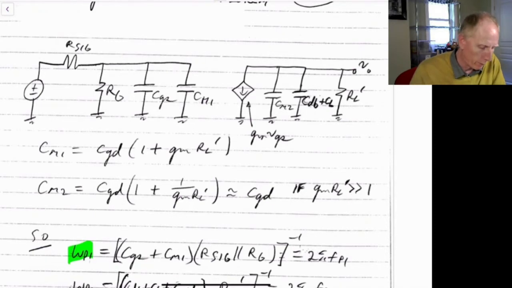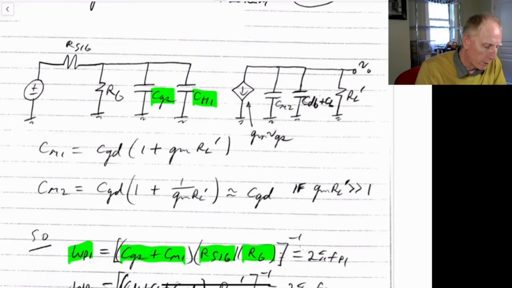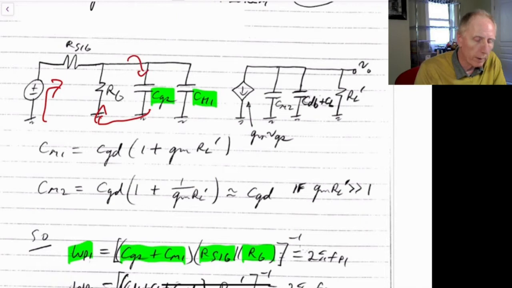The first one, we'll say this capacitance, CGS plus CM1, multiplied by the equivalent resistance it would see. In this case, it would just see R sub signal in parallel with RG. In other words, it would see, coming up here, ground and ground, because we zeroed our input voltage. So we see RG in parallel with R sub signal to get back to the other side of the capacitor.